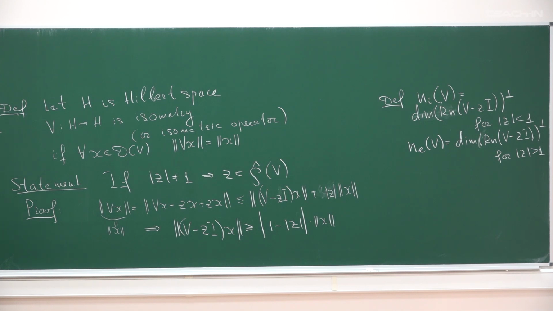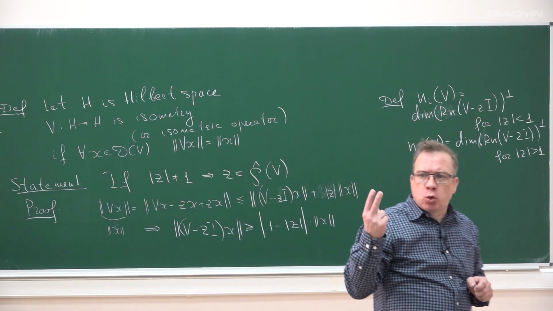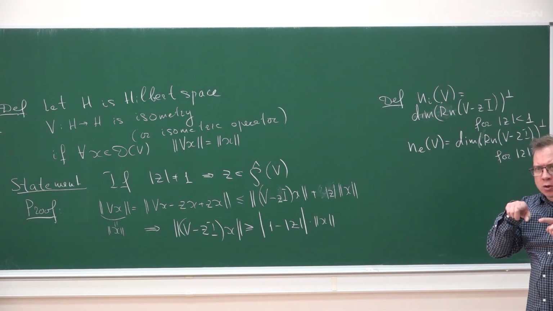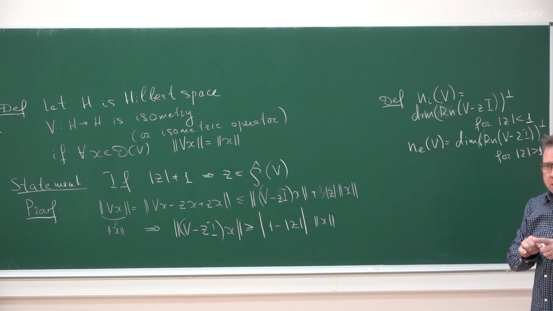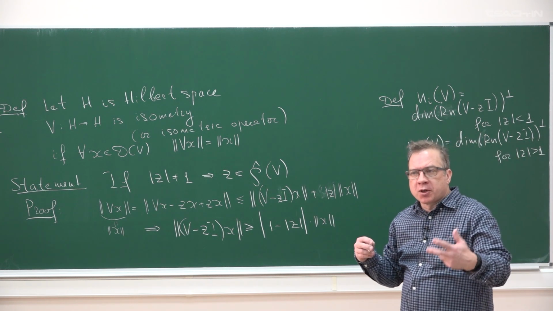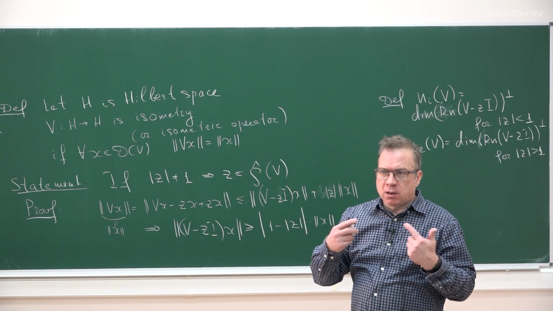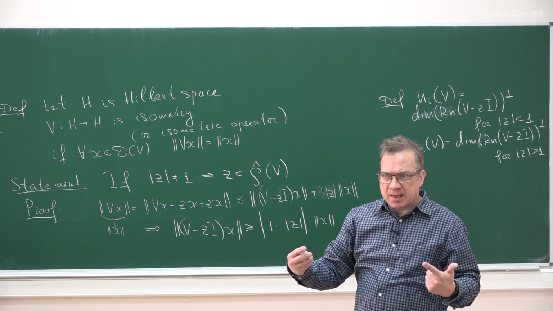For isometric operators, we similarly have two components of connectivity: the interior of the unit circle and the exterior of the unit circle. And we know that if you have a strongly subordinated perturbation, the defect numbers coincide. We proved it last time.